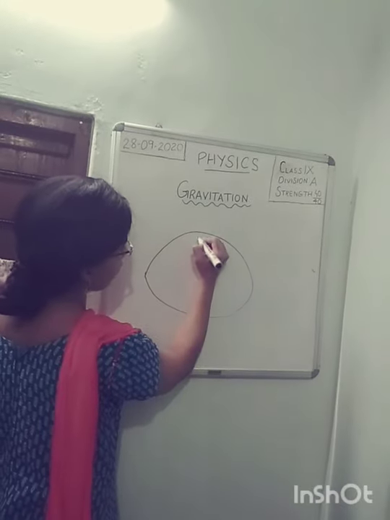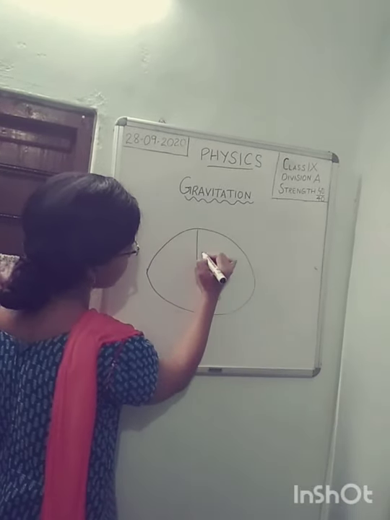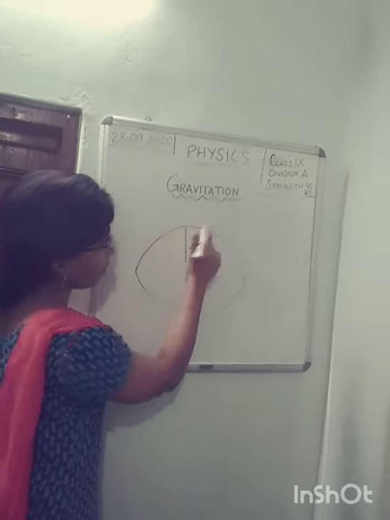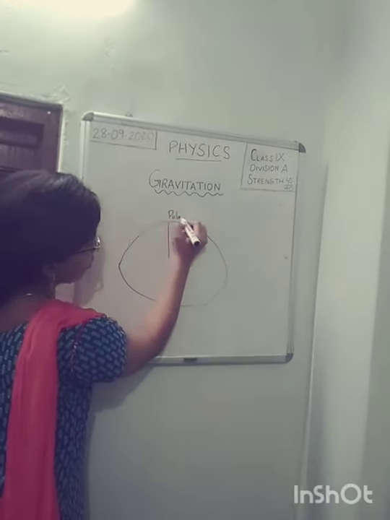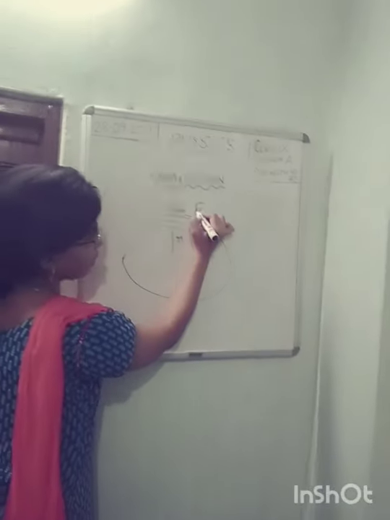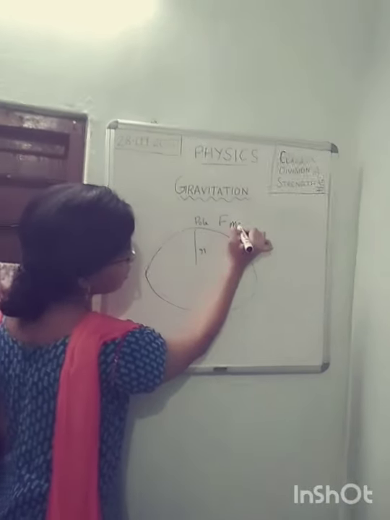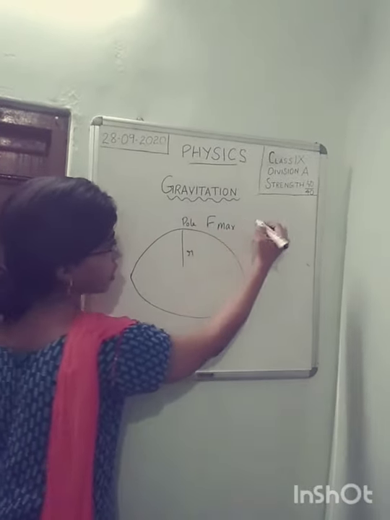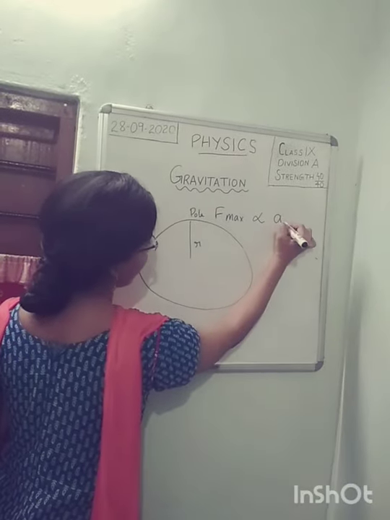Yes, if you are moving to the pole of the earth, we have seen that the radius is minimum at the pole. So the force of gravity was maximum. So force is directly proportional to acceleration.